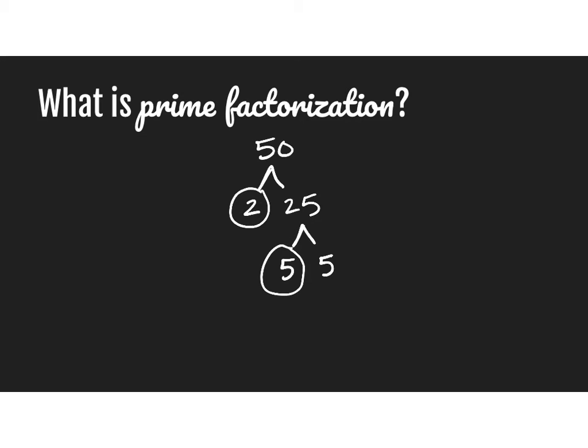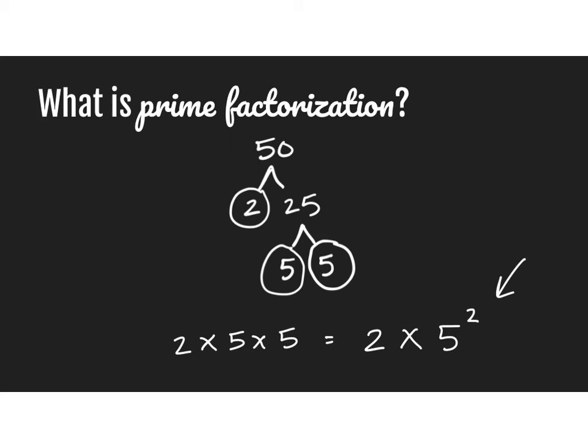Only 1 times 5 equals 5. It's 2 factors. 5 is a prime number. So my prime factorization says 2 times 5 times 5. But remember, we can simplify this a little bit and we can say 2 times 5 to the second power. Remember, using exponents tells us how many times we are using that number as a factor.